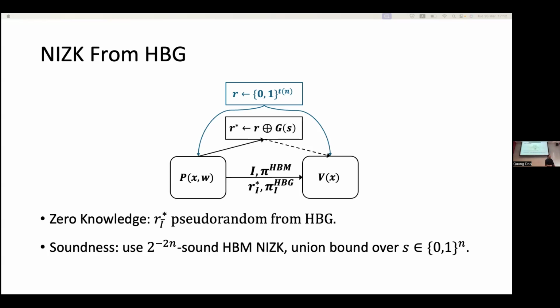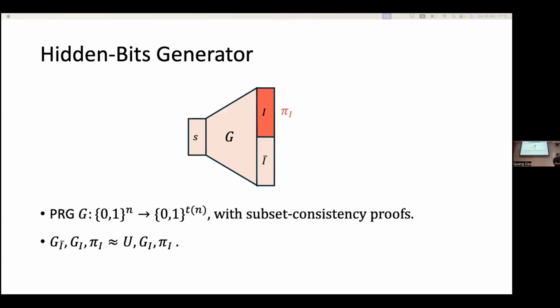Okay. Now, you introduced the s here. What? So the s is the seed of the hidden bits generator. You think of the hidden bits generator as a PRG, so you give it a small seed, and it gives you a large output.